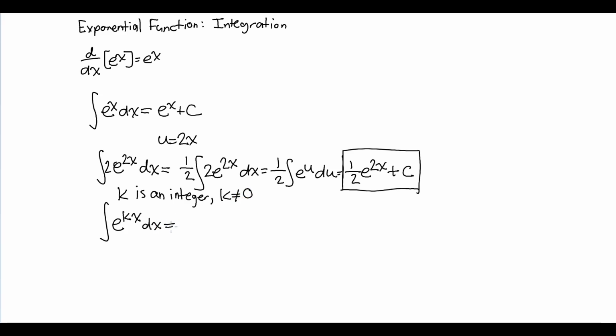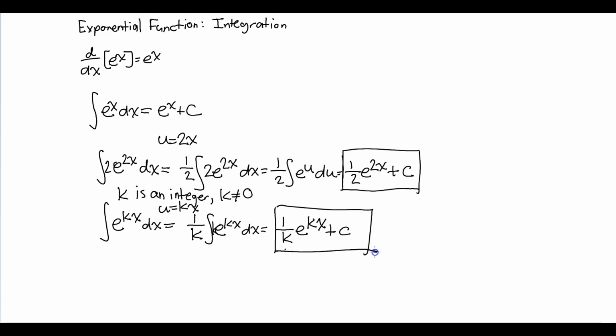Now you can apply a u-substitution, but instead of letting u equal 2x, we let u equal kx. The derivative of kx is k, so we need a k in front. We can do that by introducing 1 over k times k e to the kx dx. This gets us 1 over k times e to the kx plus c.